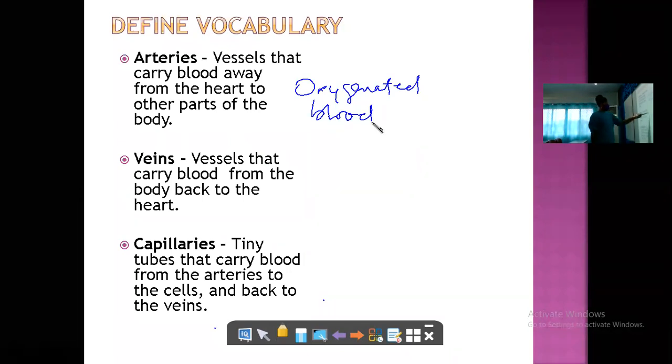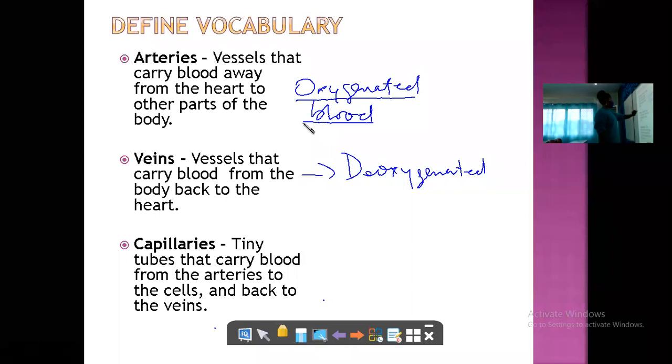The veins are responsible for transporting the deoxygenated blood from all the body parts, the rest of the body, to the heart and to the lungs.